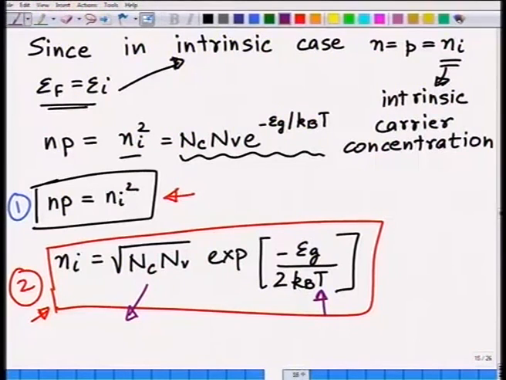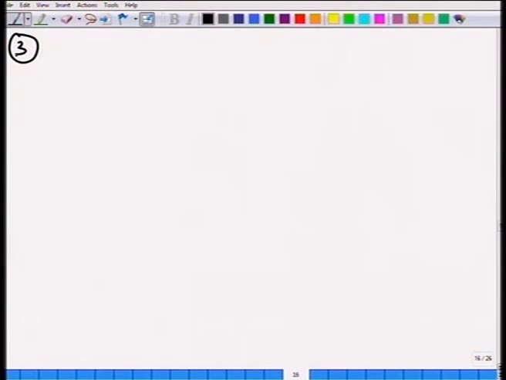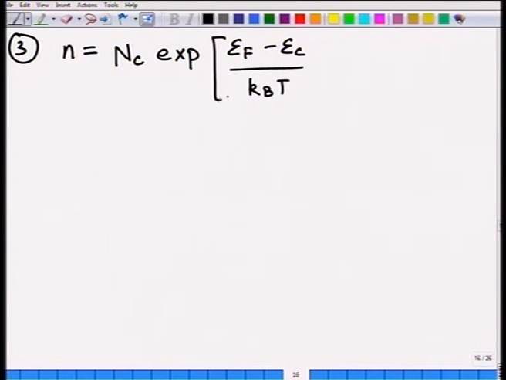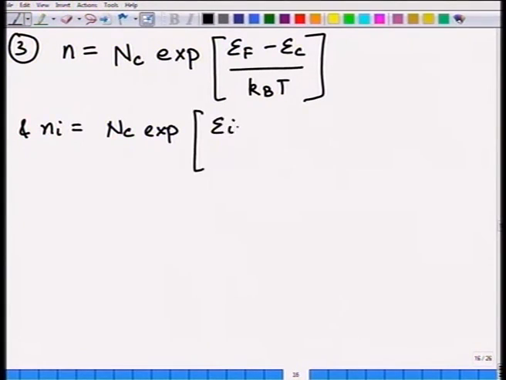Now, the third statement I want to make is, in general, since I now know Ni, I can use this. Ni is a material property, since once I specify silicon, I know what the Ni value is. I can use this as a reference to calculate N in all other cases. Since N is equal to Nc e to the power (Ef minus Ec) by kBT, and Ni is equal to Nc e to the power (Ei minus Ec) by kBT.